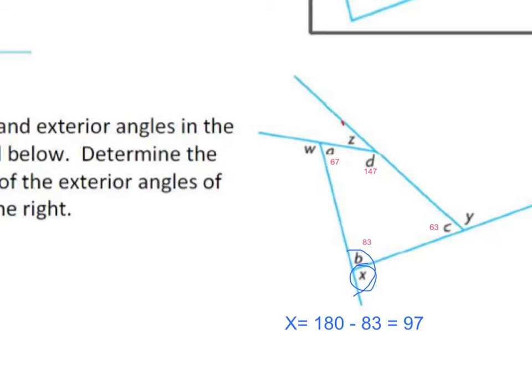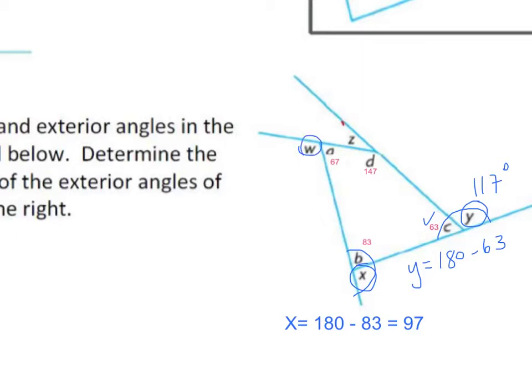What about this angle right here, y? Again, this whole angle is 180. This part is 63. So y equals 180 minus 63, which equals 117 degrees.